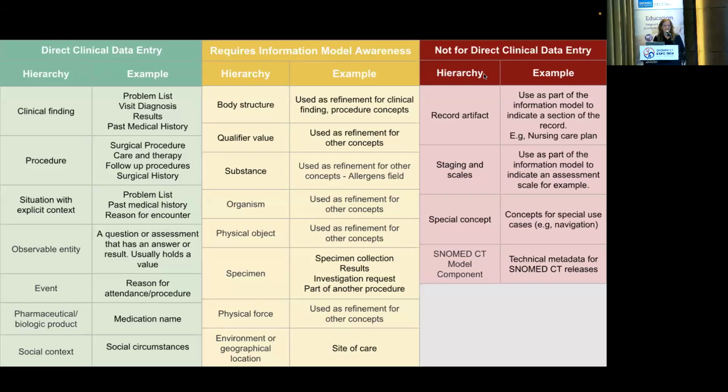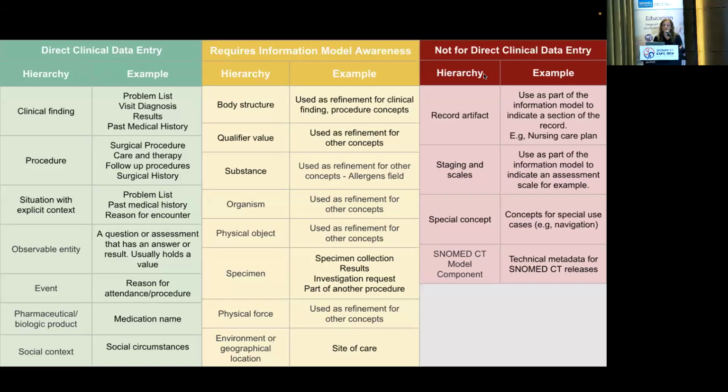The yellow ones are hierarchies that need to be used in the context of something else. So for example, the body structure hierarchy you would use if you're refining a clinical finding or procedure. For example, as we saw, what is the body side of this procedure? Then you would use body structures.